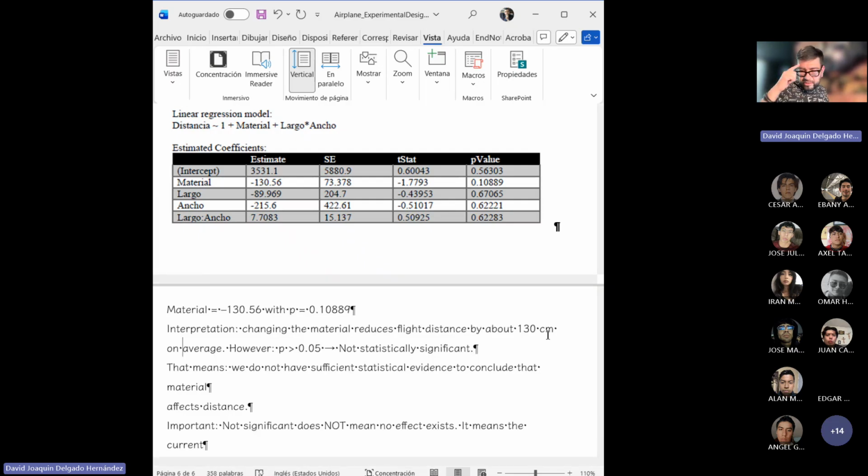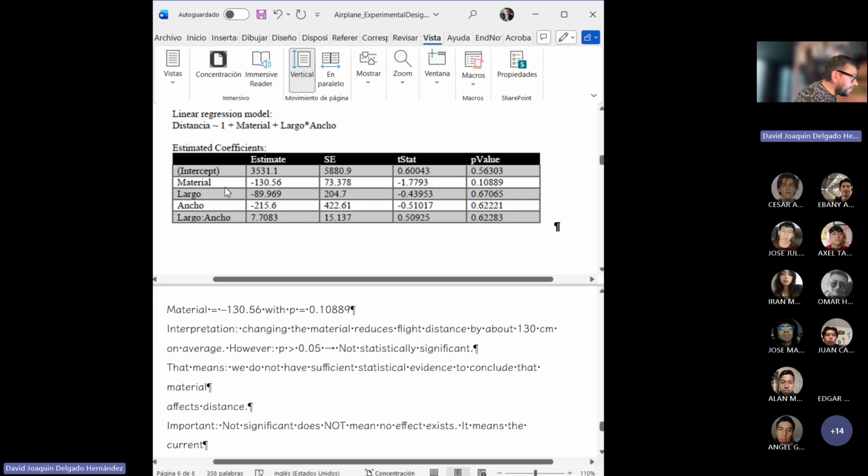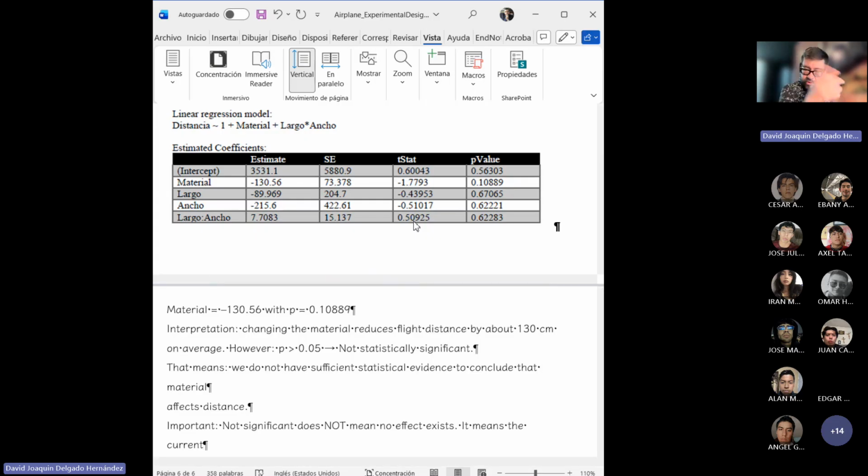But for now, just keep in mind that this minus 130 means that, for instance, if you have a bond paper airplane and you throw it, it will fly some meters. But if you change the material, let's say you use a folder, then with the same throw, it will fly 1.30 meters less than the other.